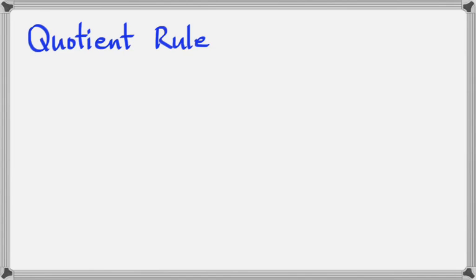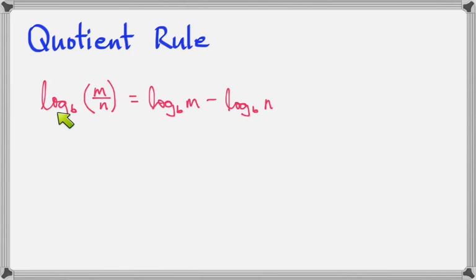And here is the quotient rule. The quotient rule says that if you have the log of a fraction, you still can split it up into two terms, but the term that comes from the top part of the fraction will be positive, and the term that comes from the bottom part of the fraction will be negative.